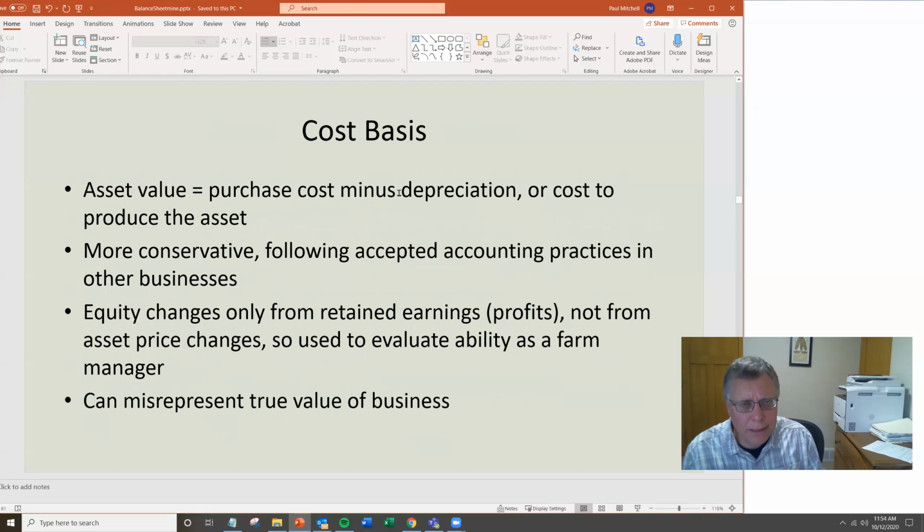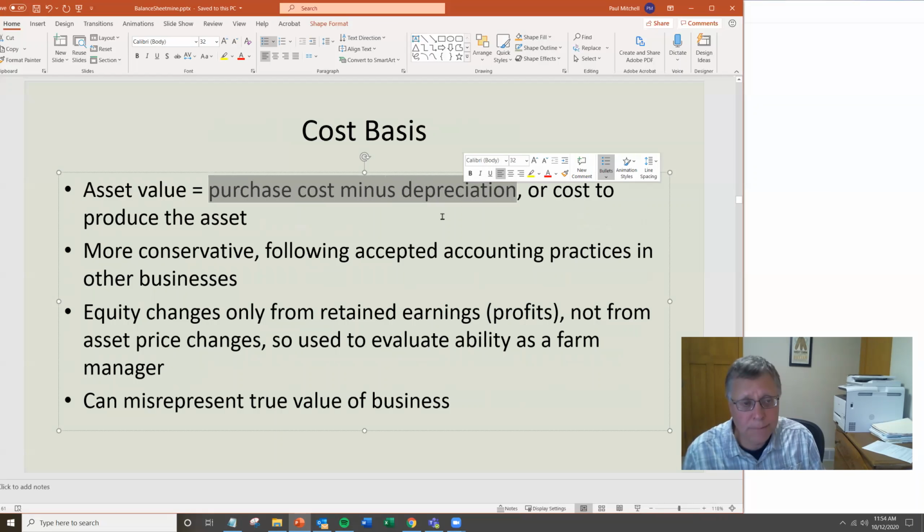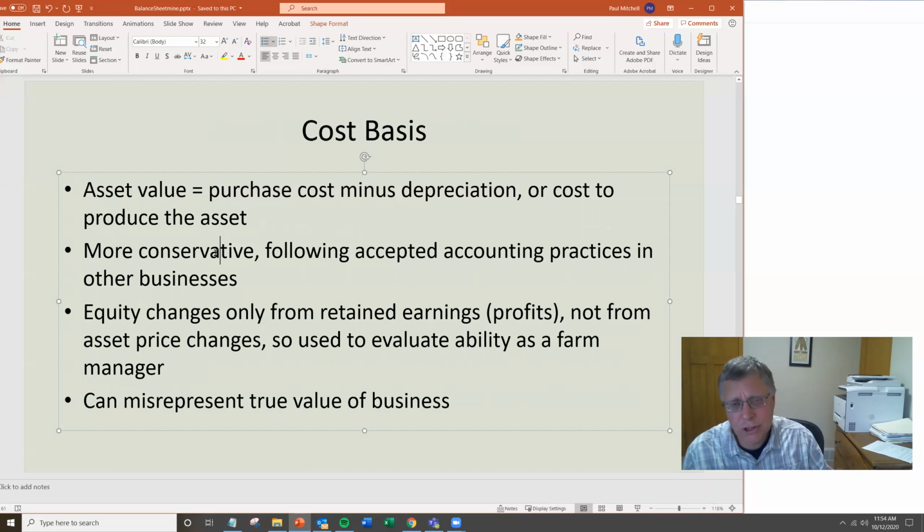On the other hand, the cost basis focuses on the cost it took to produce the assets, or the cost when you bought them, minus any depreciation. It's much more conservative. It follows the generally accepted accounting principles used for other businesses. The only way your equity changes is from retaining your earnings, not from farm asset price changes. And so it is a way to evaluate your ability as a farm manager as opposed to an investor.